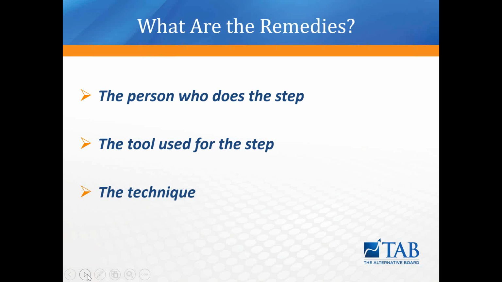Nothing's worse than having a proposal go awry because the buyer says, "Well, I've got to take this to a partner or a committee," and we didn't have the right people in the meeting in the first place. And the technique. Do we know how to ask people effectively? Do we need to coach them and help them practice on how we deliver whatever that particular step is? Or maybe somebody else should do the task because they have a better technique for doing that particular step.